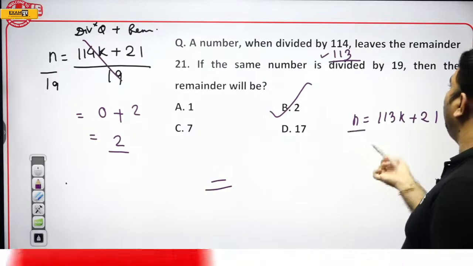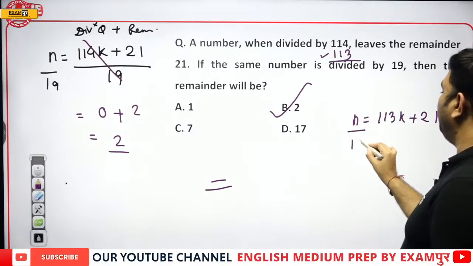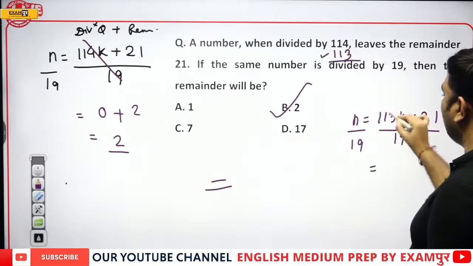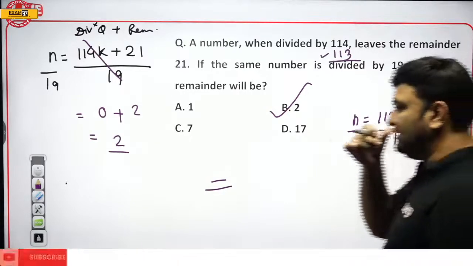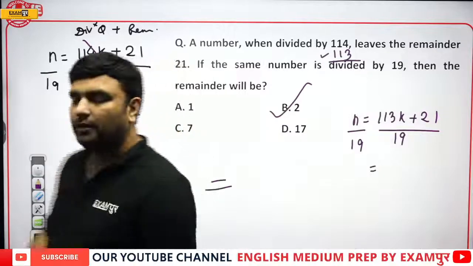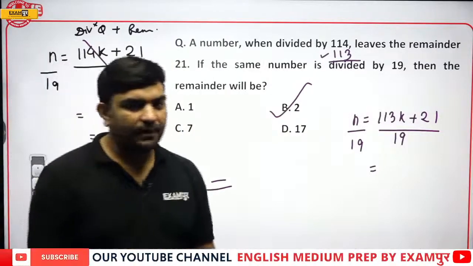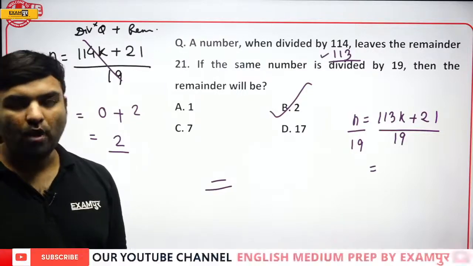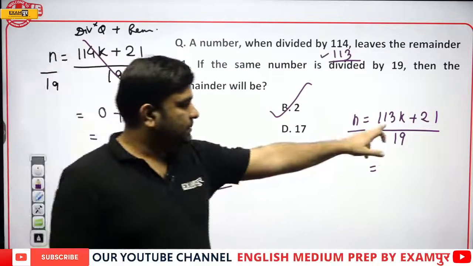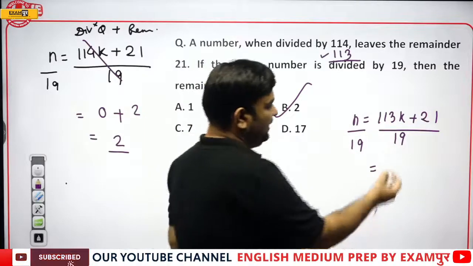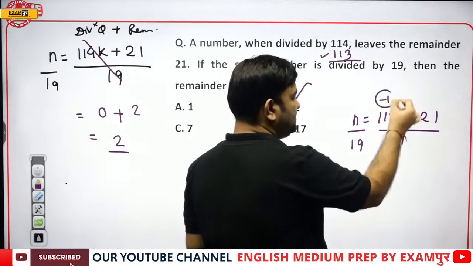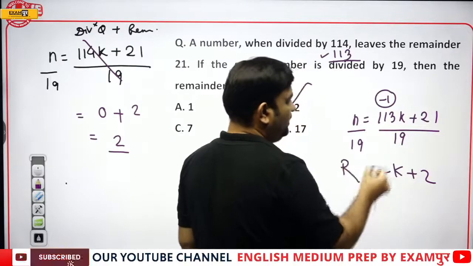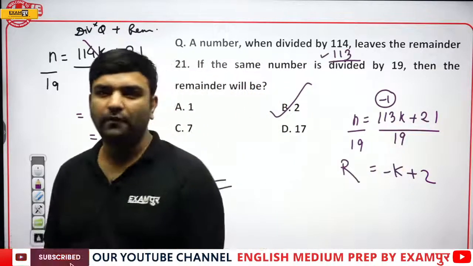If you divide it by 19, this is not completely divisible. 19 fives are 95, 19 sixes are 114. So it's minus k, minus 1 remainder. So minus k plus 2.